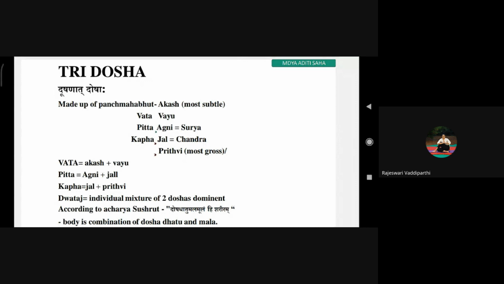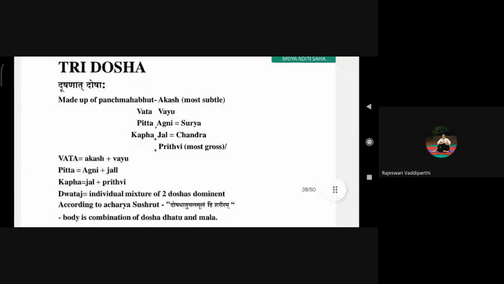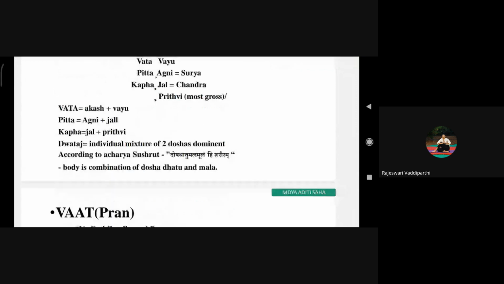Now, these are the main types of dosha. But individuals always have these three kinds of dosha. Sometimes one particular dosha is dominant in an individual, but sometimes two doshas are dominant in an individual.